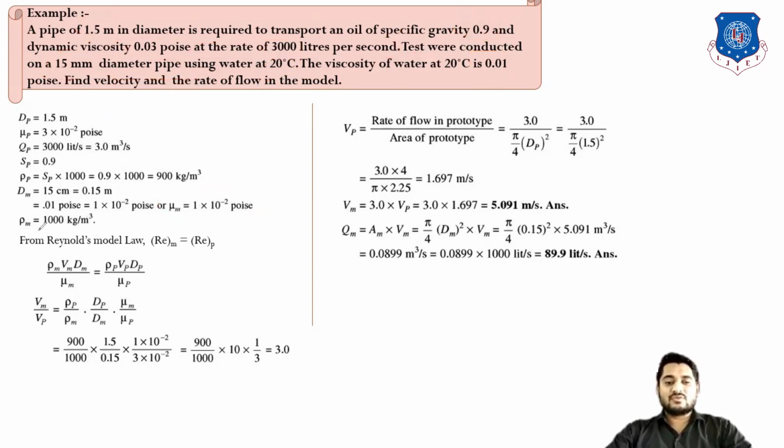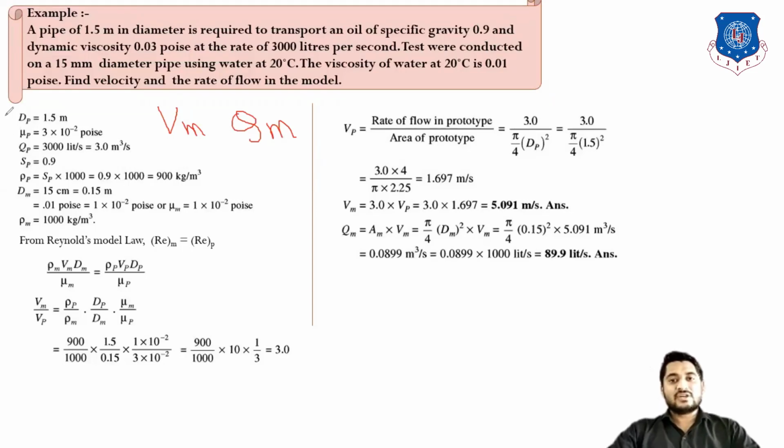So we have to find out velocity of model, and rate of flow, that means discharge in model. Clear students? We have to find two quantities, velocity and discharge of model. First of all, in solving any type of example like model and prototype, you have to apply Reynolds model law. According to Reynolds model law, Reynolds number of model is equal to Reynolds number of prototype.